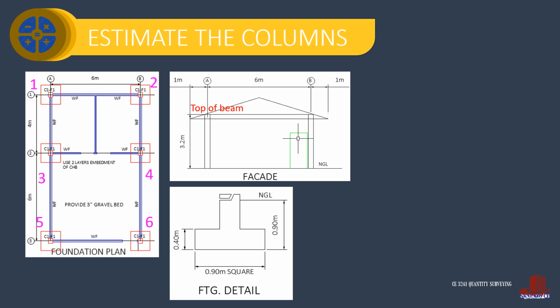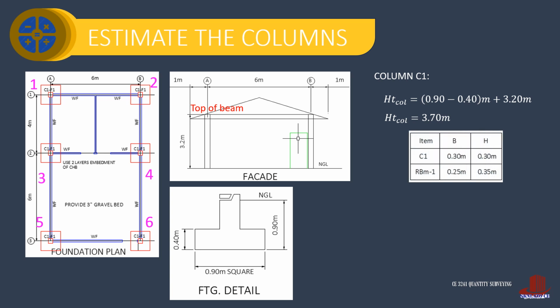The column goes down the natural grade line until the bottom of the footing at 0.9 meters, which means the column underground is 0.5. The total height of the column is then computed as 0.9 less 0.4 or 0.5 below NGL and 3.2 meters above, giving 3.7 meters.